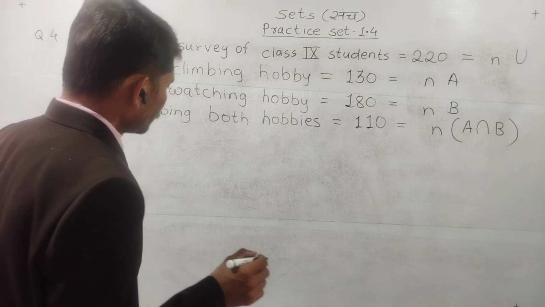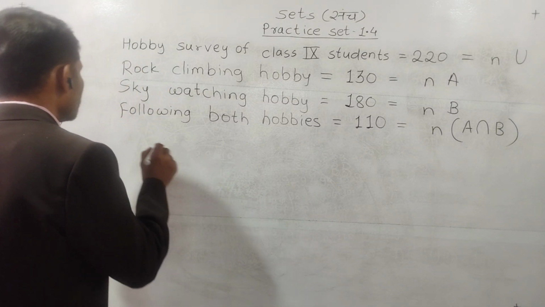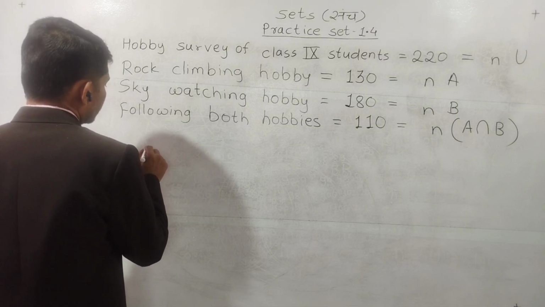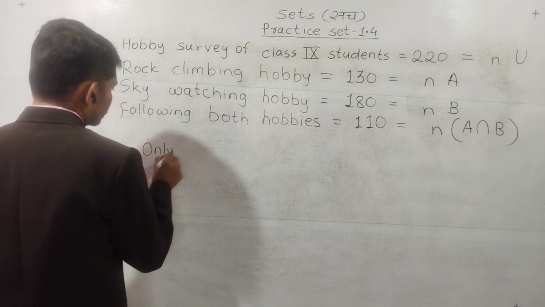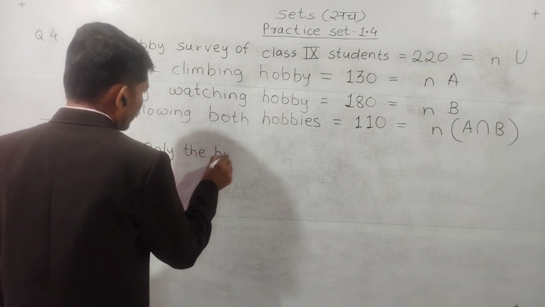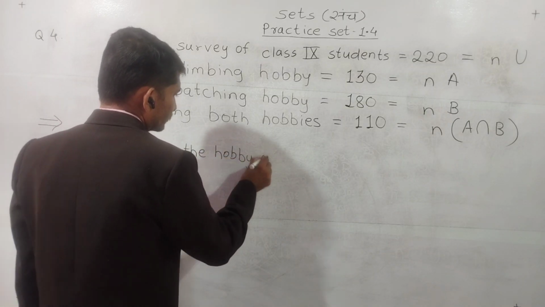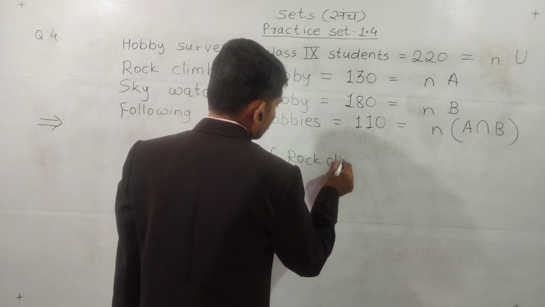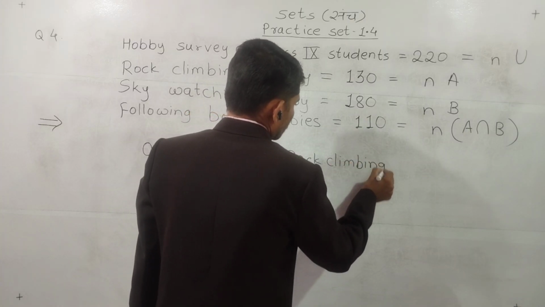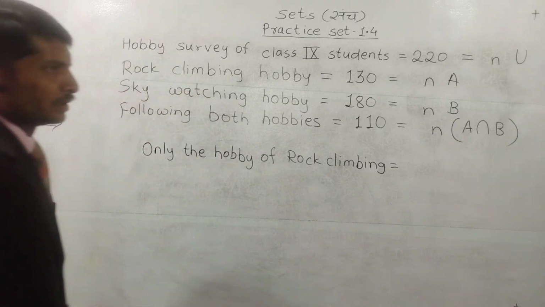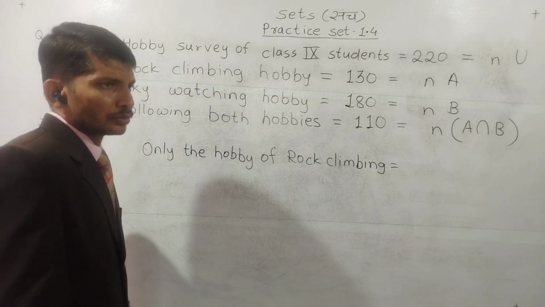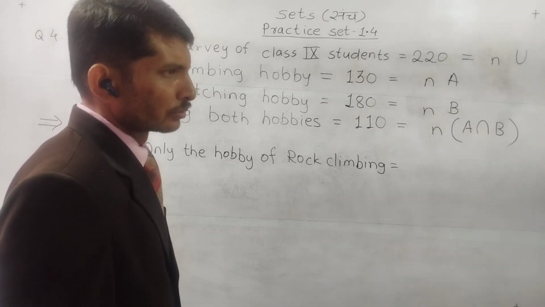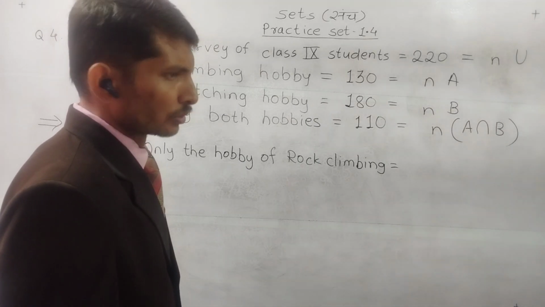Okay, so what we have to do, we have to calculate only the hobby of rock climbing. So we just have to remove from set A those students who have both hobbies.